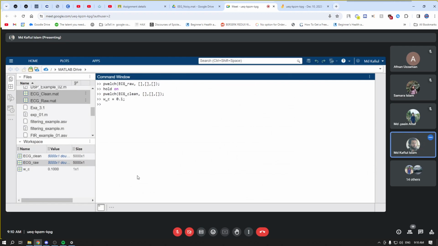Now, what are the other parameters required for us to design an IIR filter? If we know already omega c, what else I need to design an IIR filter? Sir, A and B coefficient.